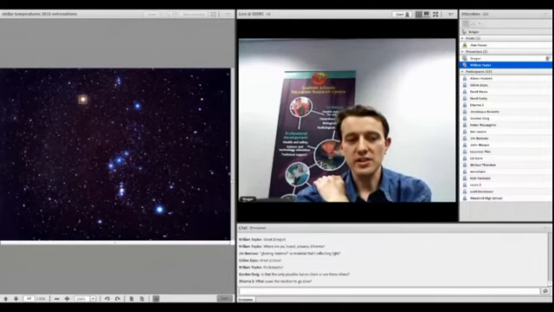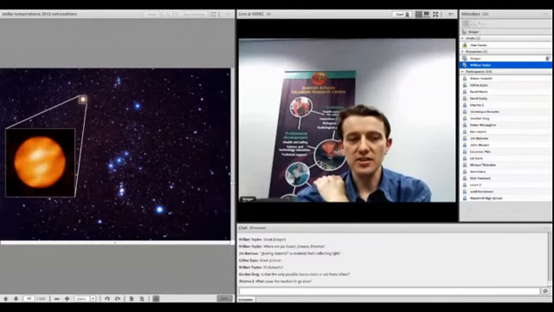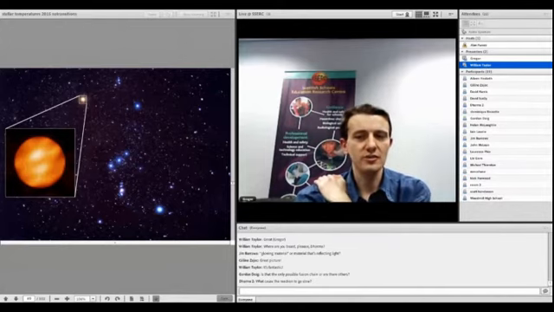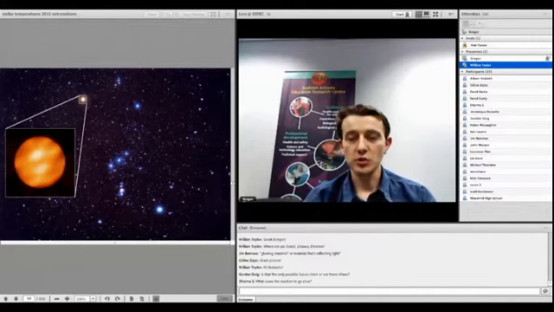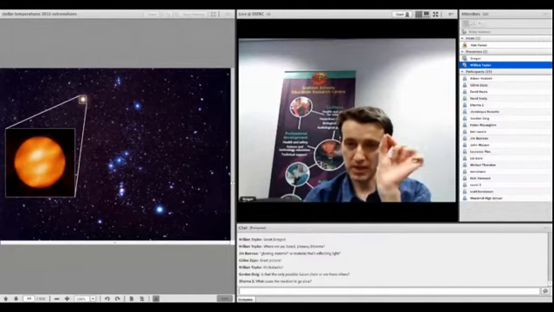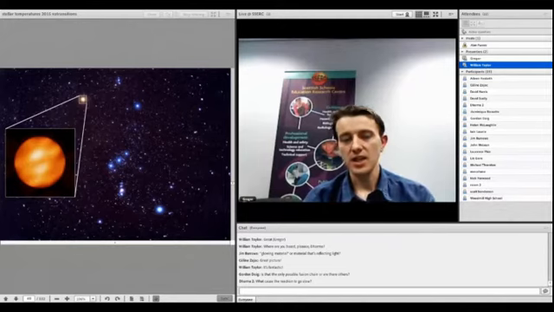In fact, if we zoom in on it, you can actually take pictures of the surface of Betelgeuse. That's a pretty amazing idea, because for the vast majority of stars we look at in the night sky, no matter how good your telescope, you will always just see a pinprick, a tiny point of light.